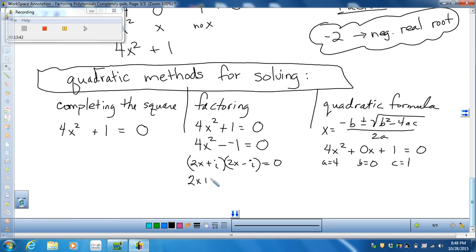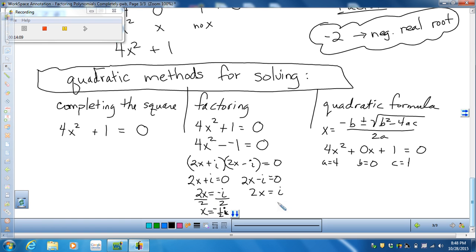And if we finish solving this, we've got 2x plus i equals 0, and 2x minus i equals 0. So 2x is equal to a negative i, and 2x is equal to a positive i. We divide by 2, and we get that x is equal to -1/2 i. That's an i, not an x, sorry.